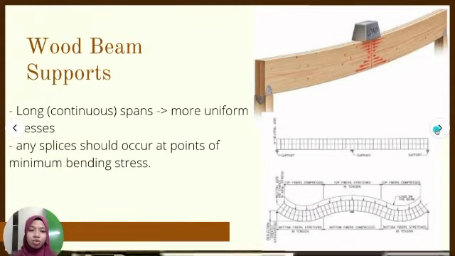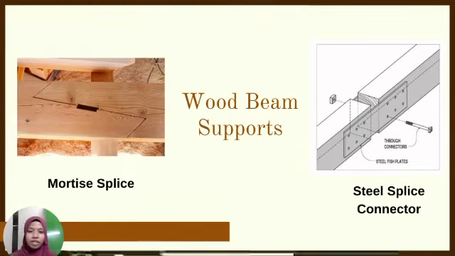And then there are two ways to help in this case. The first one is the mortar splice, where you cut in this part. It will help, like if the load is hitting here, it has to push through it. So if it wants to crack, this is very good.